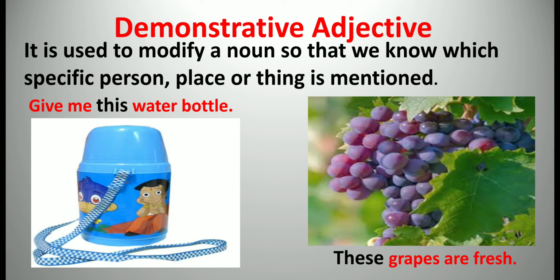Give me this water bottle. Which bottle? This one here. This blue one. These grapes are fresh. So the question is, which grapes are fresh? These shown here. Some other examples are that, those, and such, etc.